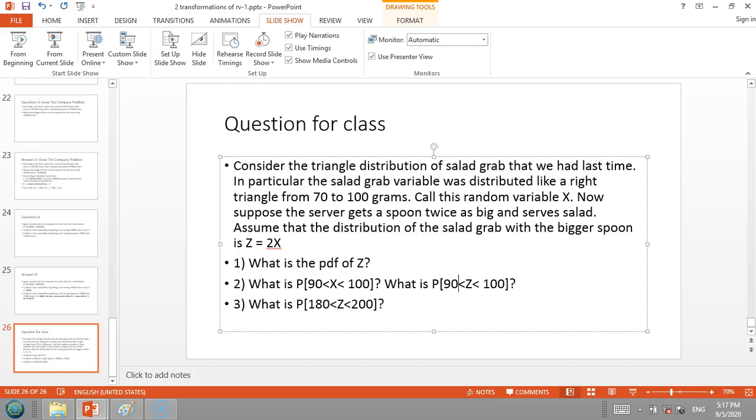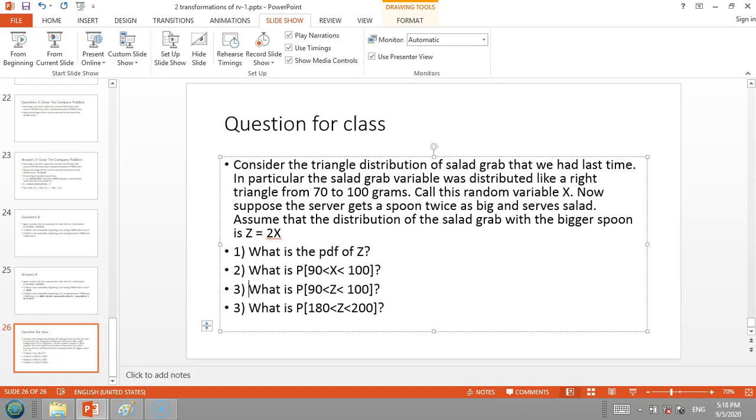What is the probability that x is between 90 and 100, and what is the probability that z is between 90 and 100? What is the probability that z is between 180 and 200? Okay, so these are the questions to answer.